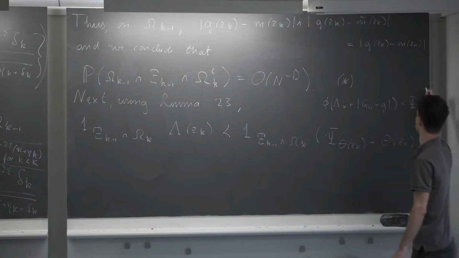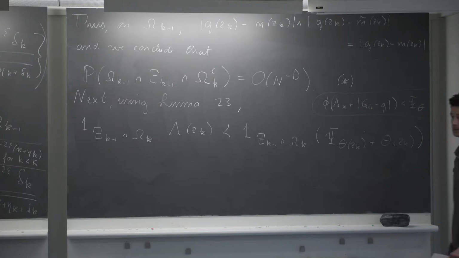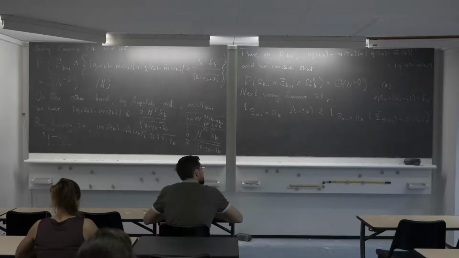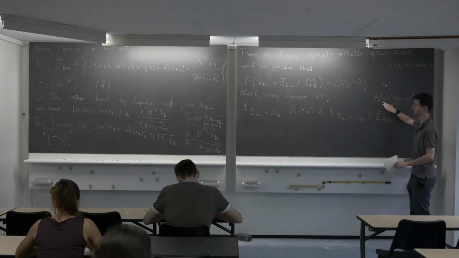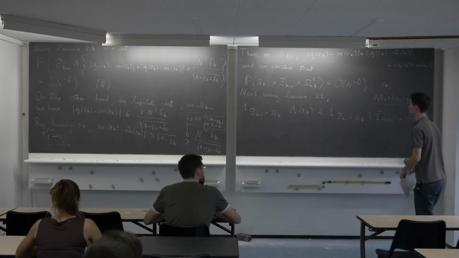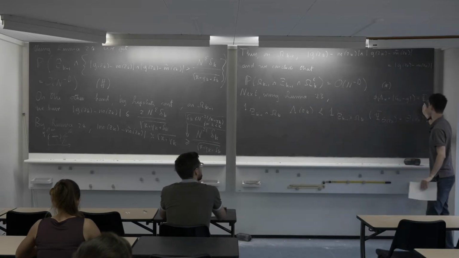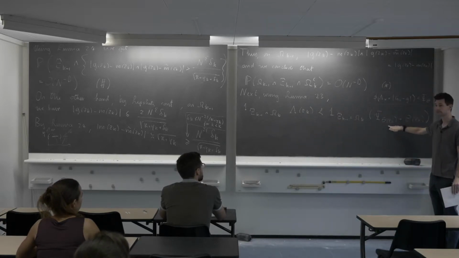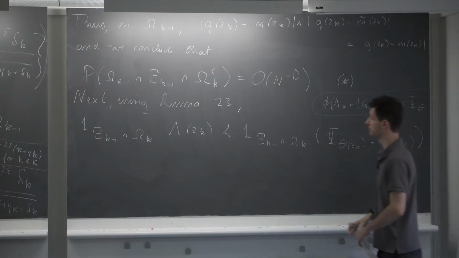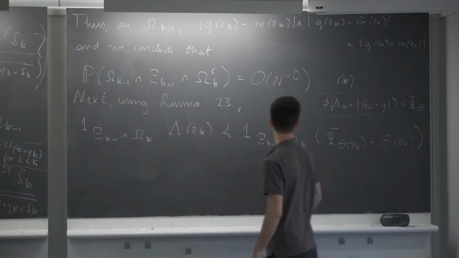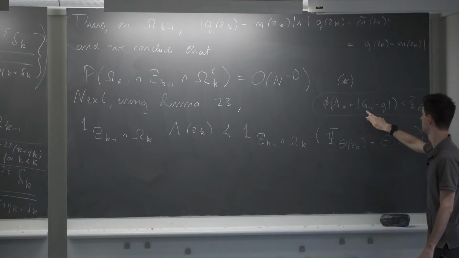This is what we take from Lemma 23. And lambda star, recall, was the guy that estimates the off-diagonal entries. So the off-diagonal entries here are estimated by lambda star, and that's just my psi theta. And the diagonal entries that I also have to estimate here are estimated by this one.